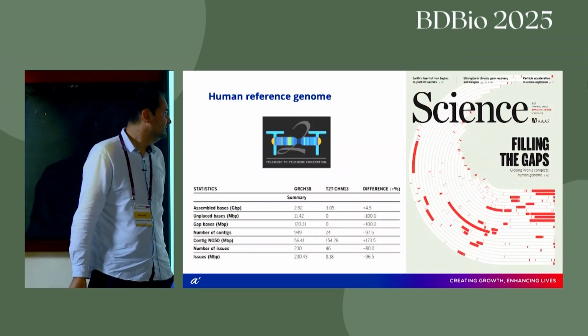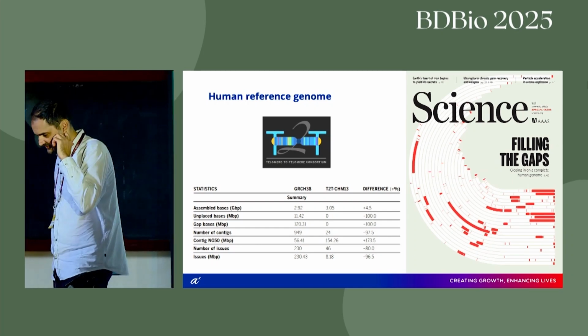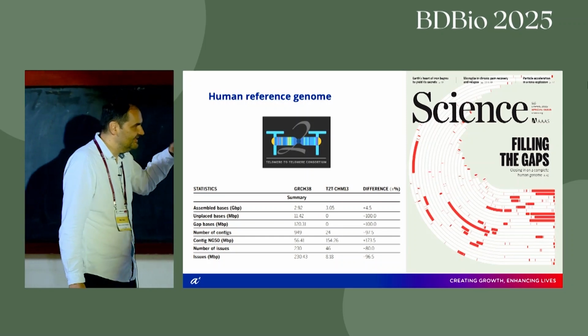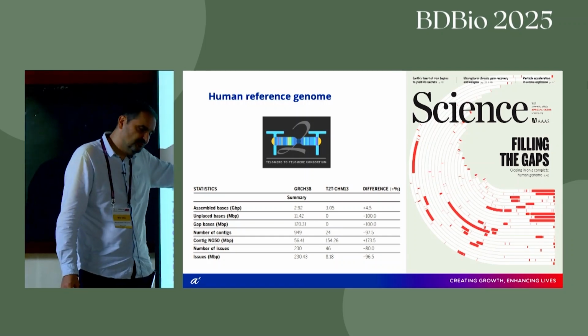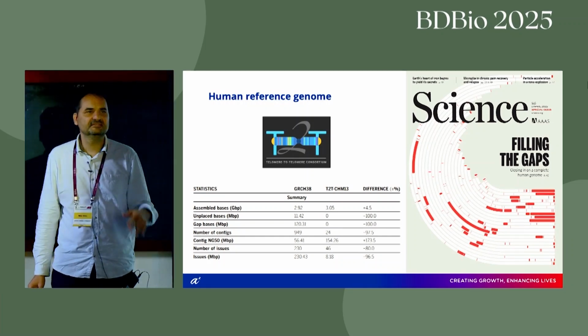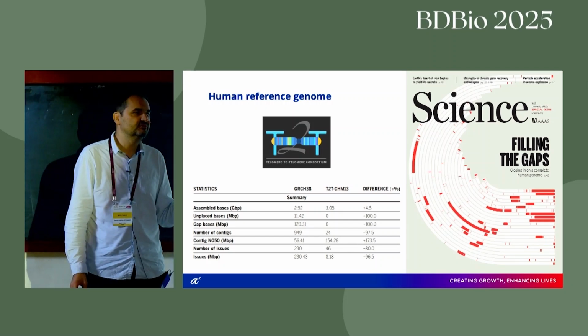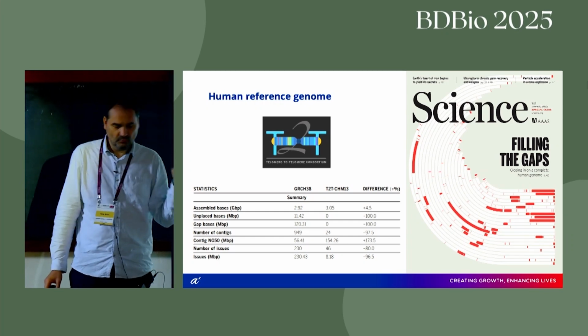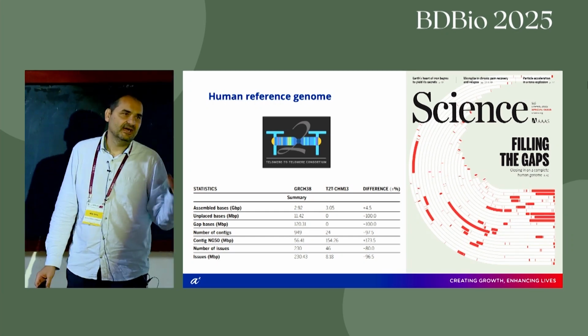But recently, a few years ago, Sergey Nurk and others, part of the Telomere-to-Telomere consortium, reconstructed the human genome. It was haploid CHM13, almost telomere-to-telomere, all chromosomes except one really nasty part, the rDNAs.